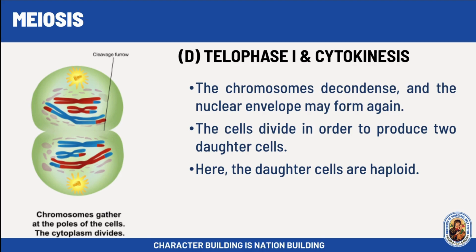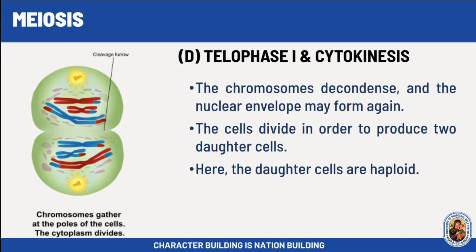In telophase, the chromosomes decondense and the nuclear envelope may start to form. During this as well, we can observe that the cleavage furrow is already beginning to form in preparation for the next stage, which is meiosis two. Here, the daughter cells are haploid cells.